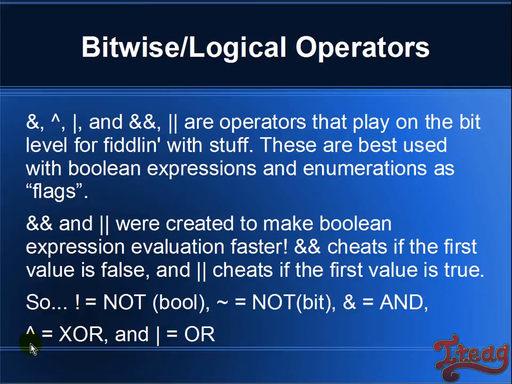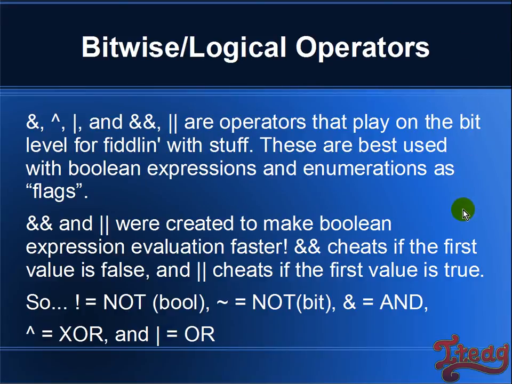Then here's something new for people who aren't familiar with programming, the XOR, which is one or the other but not both. It's exclusive OR. That's why it's definitely different from OR, and I'll go into that more when we get to playing with it. And then finally, OR, which is one or the other.